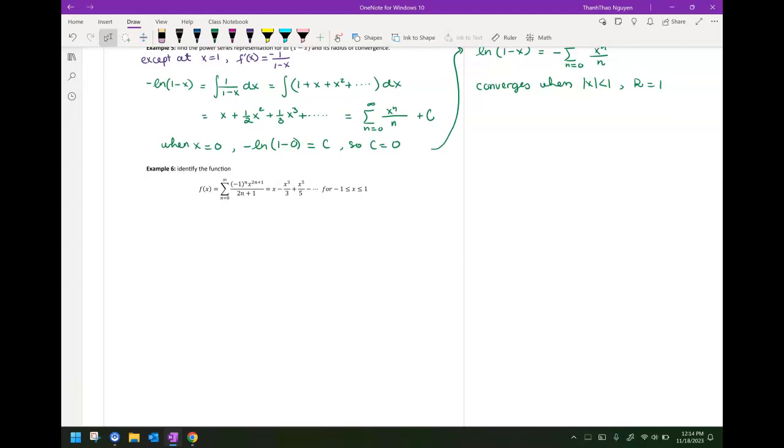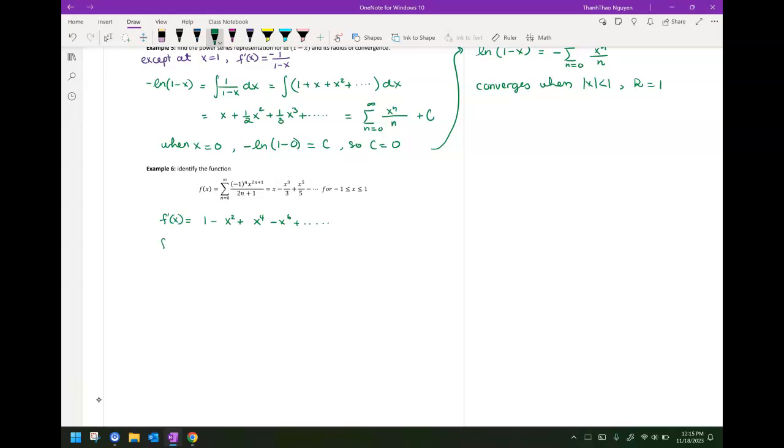When we have a function here with a series, let's identify this function. What is the function that has that series? Let's go ahead and differentiate a few terms of this series. Then f prime of x equals 1 minus x squared plus x to the 4 minus x to the 6, so on and so forth.